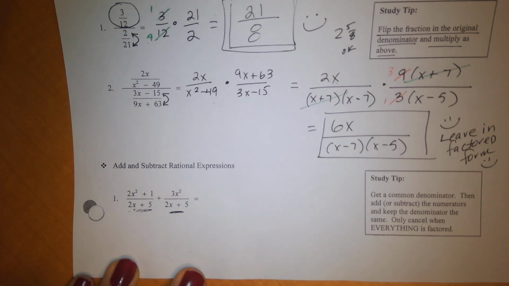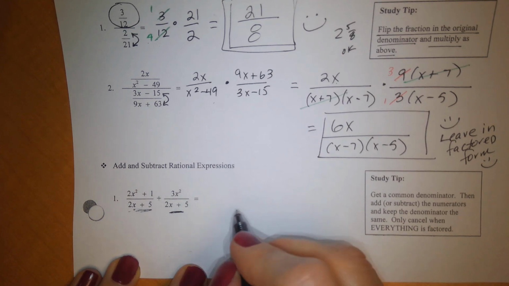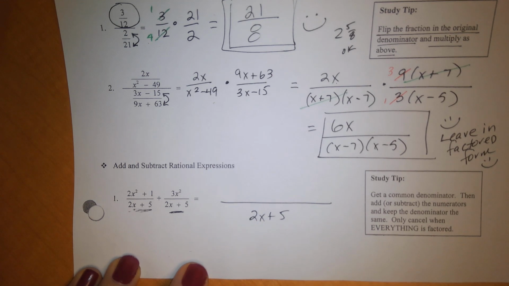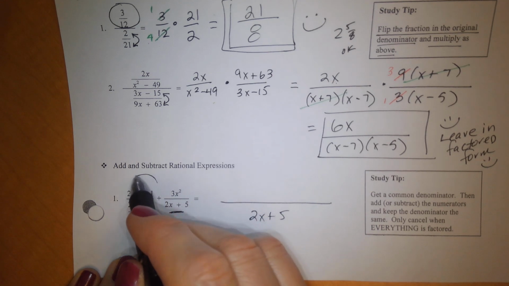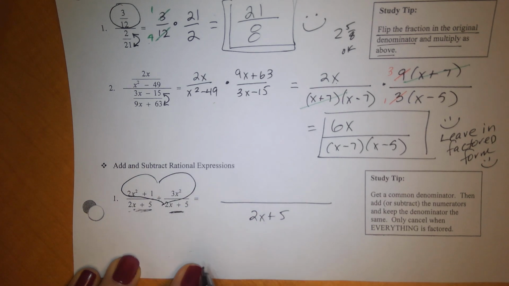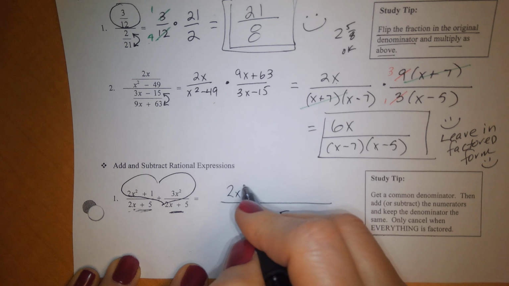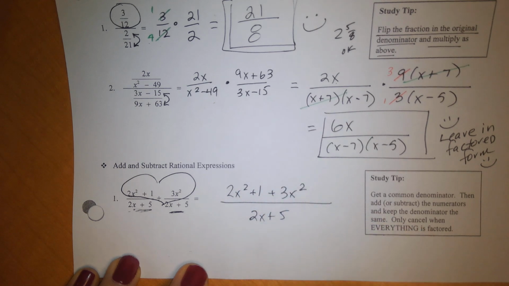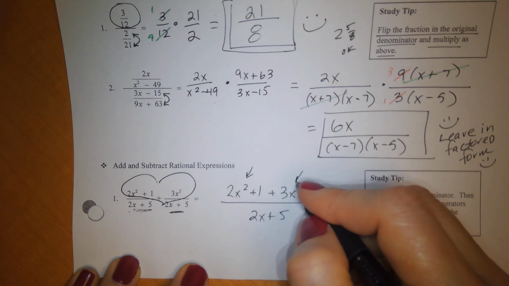In this case, these denominators are already the same, so I don't have to do any work to get these guys to match. So I literally could go ahead and just add everything together, since they already have a common denominator. So I'm going to add together everything that's on this side plus everything that's on this side. So we have 2x squared plus 1 plus 3x squared. Of course, you're going to notice that I have common terms.